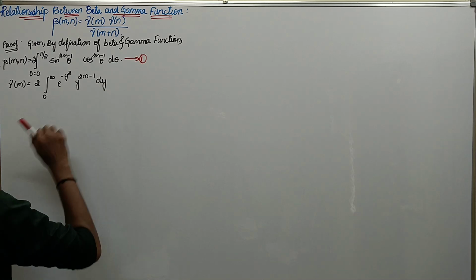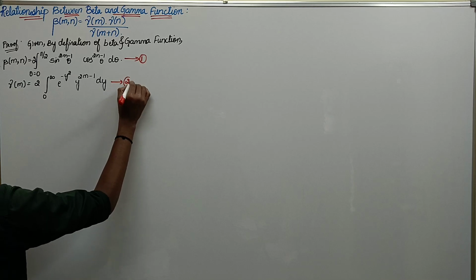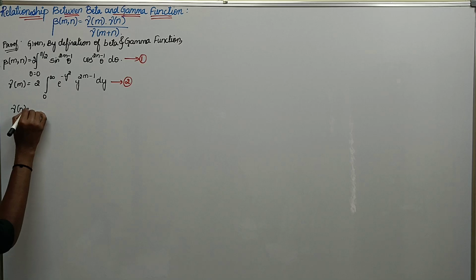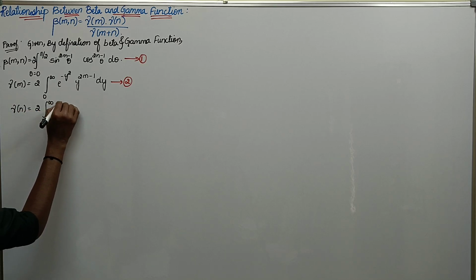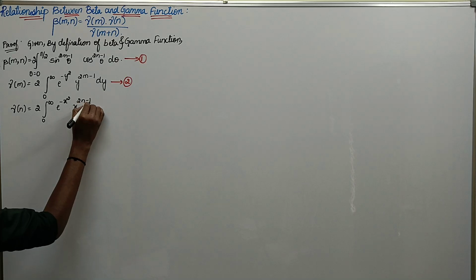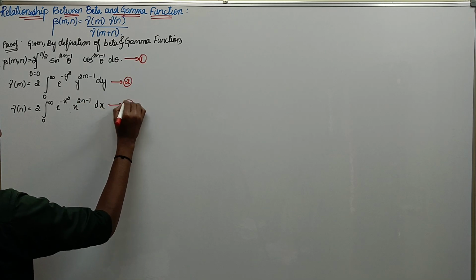Consider it as equation number 2. Next, gamma of n is defined as 2 into integral 0 to infinity e to the power of minus x square x to the power of 2n minus 1 dx. This will be our equation number 3.